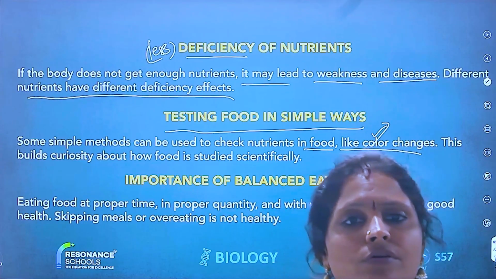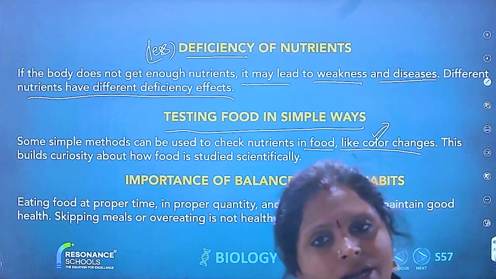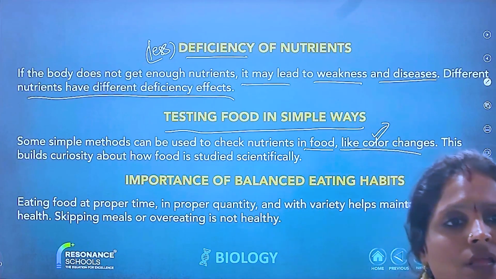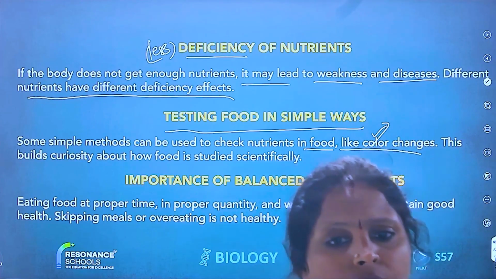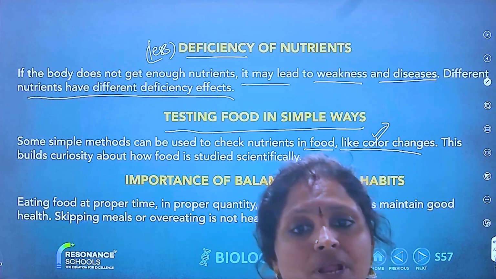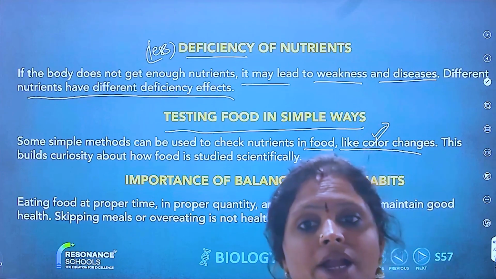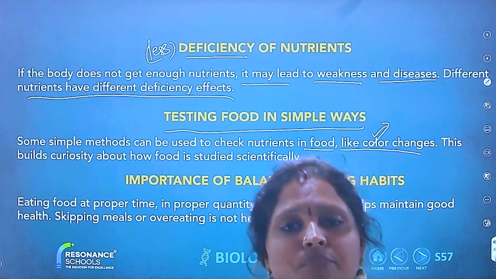Now if you add iodine to the boiled rice, the brown color turns into blue-black color, which confirms the presence of carbohydrate in the rice. Do you understand? Testing in a simple way.